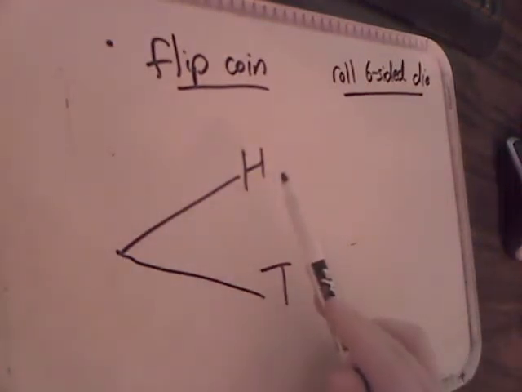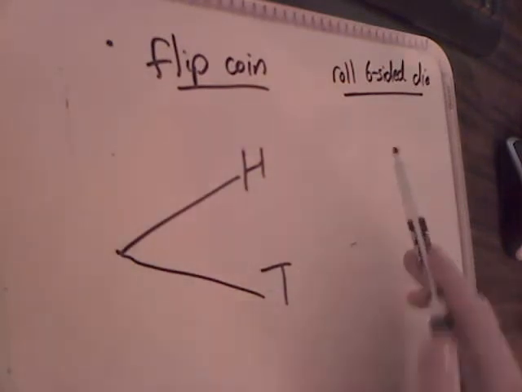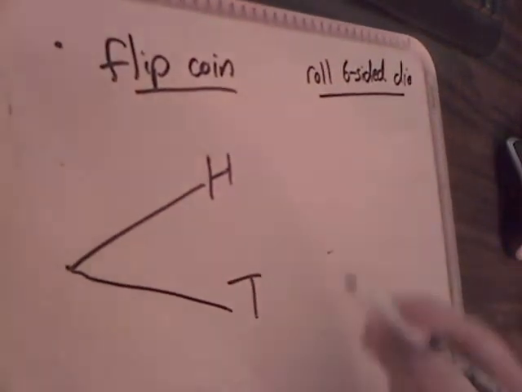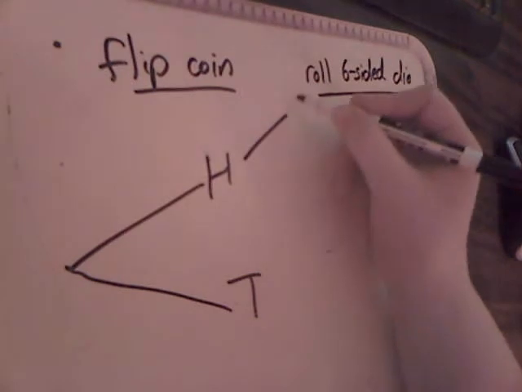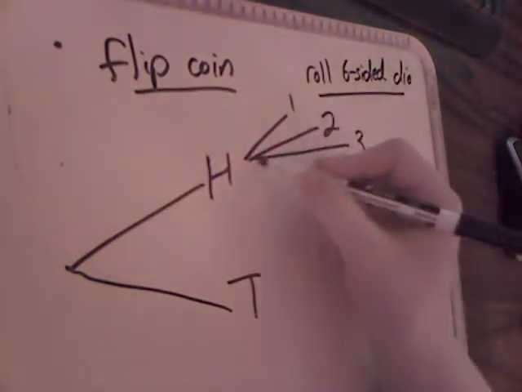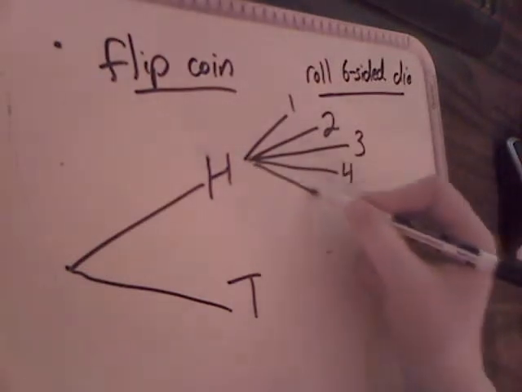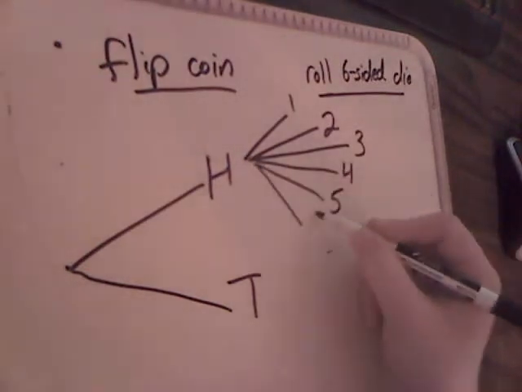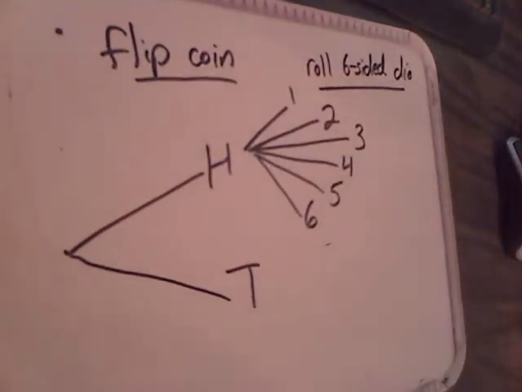If I get heads, then I roll the six-sided die. I could roll a 1, a 2, 3, 4, 5, or 6. That's if I roll heads.